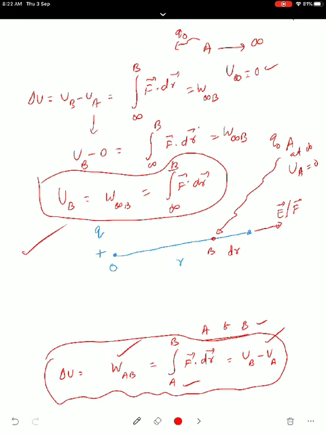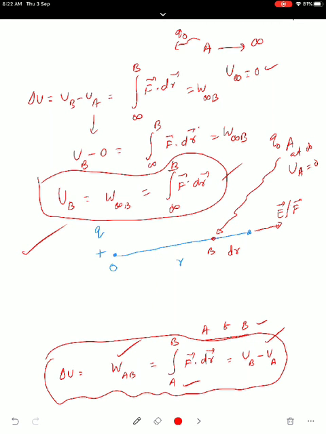In the previous chapter we have seen surface integral, closed surface integral, E dot ds. Here it is F vector dot dr vector. It is obtained by line integral F dot dr from infinity to the point B. All of you tell me this equation, what is the potential energy at any point? Just like we say gravitational potential energy mgh at a point near the surface, what is the electrostatic potential energy at any point?